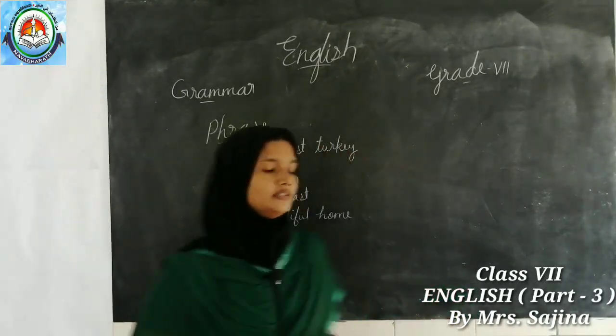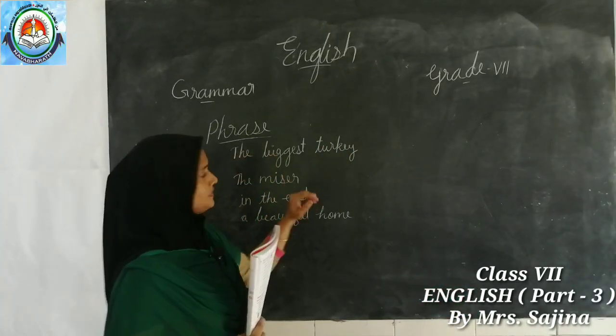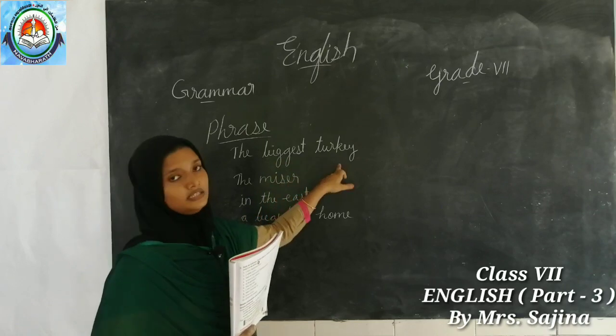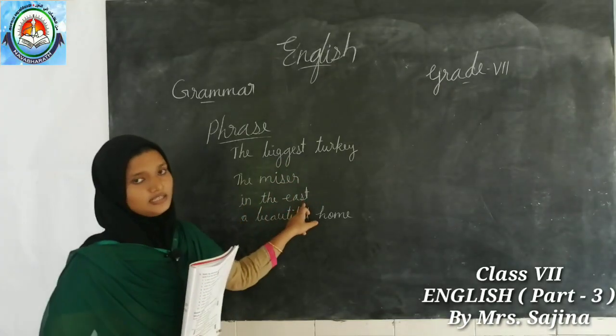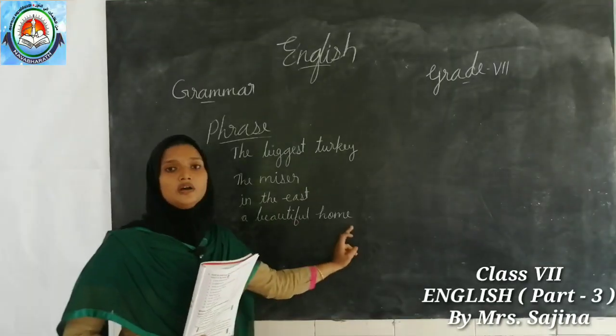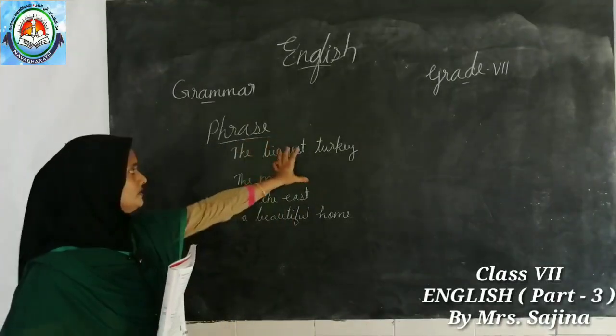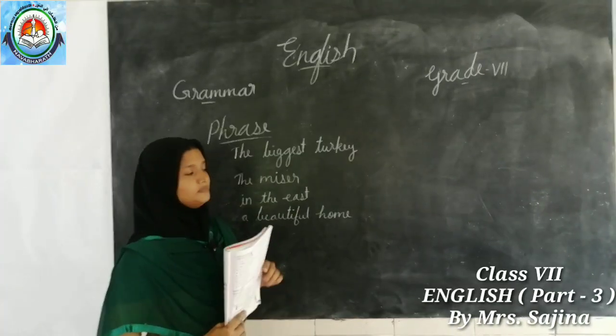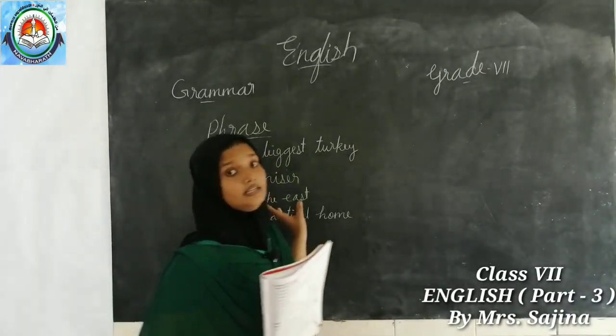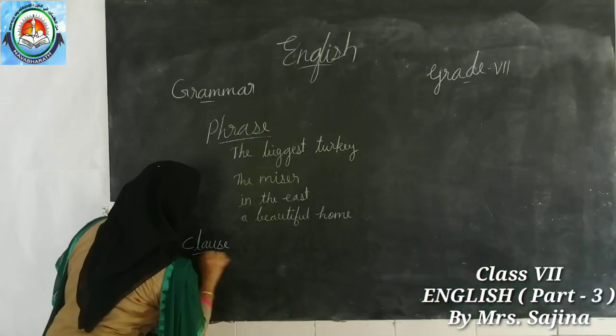Here you can see some groups of words: the biggest turkey, the miser, in the east, a beautiful home. In this group of words, we cannot see a finite verb, so we can consider it a phrase.